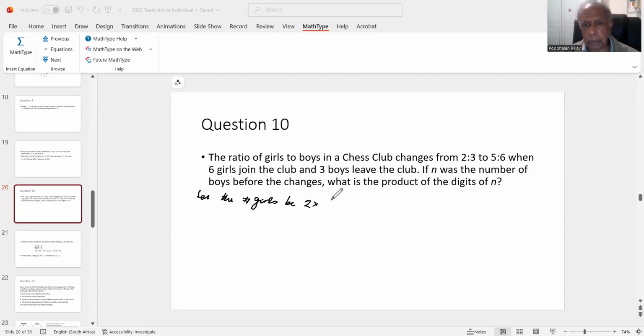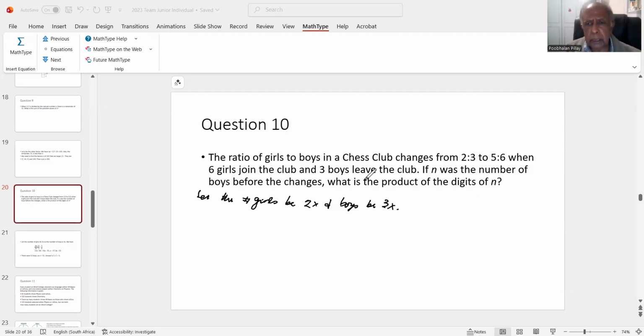And the number of boys will be 3x. If the ratio is 2:3, then we can say that the actual number of girls is 2 times something, and the number of boys will be 3 times something. Okay, so now what happens now?